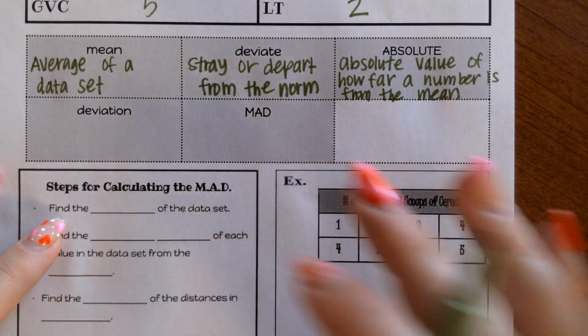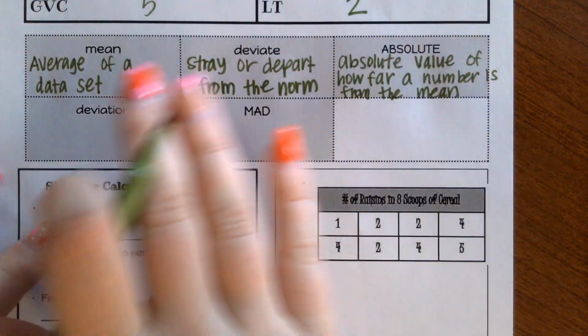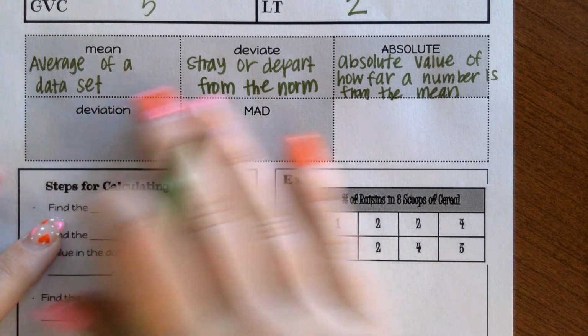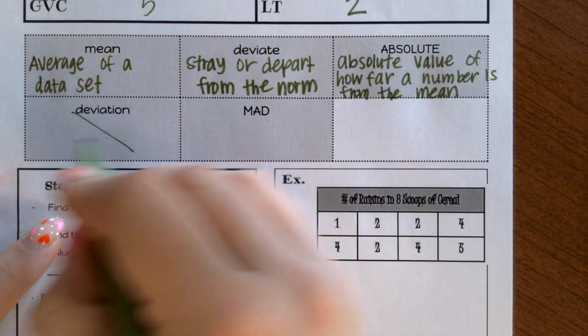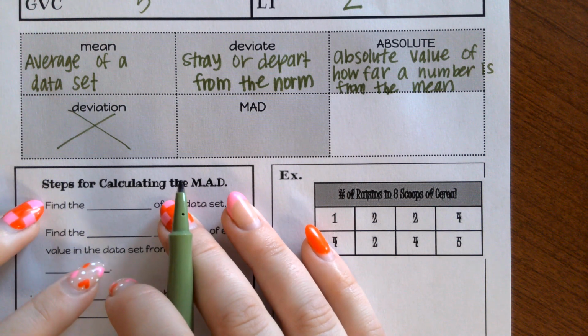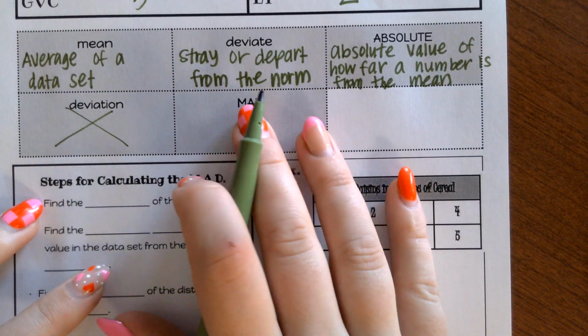That was supposed to go with this little box, so it's supposed to say absolute deviation. So we're just going to leave that blank. This kind of goes with it. And then last but not least, we've got mean of absolute deviation.